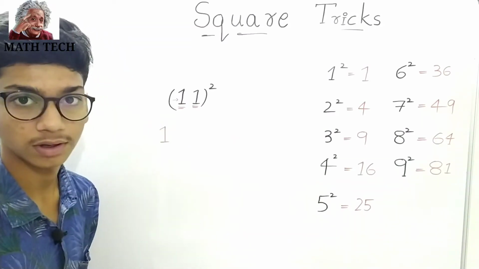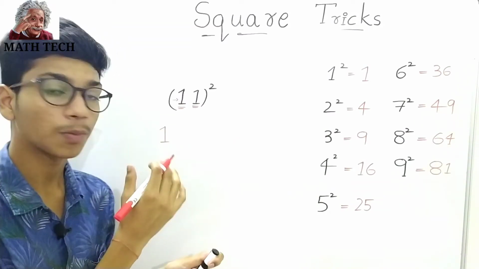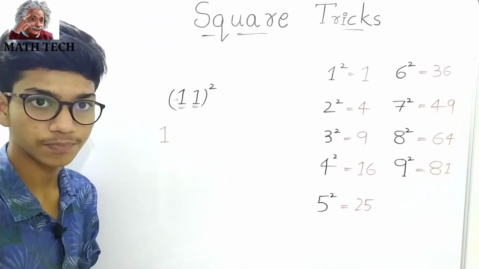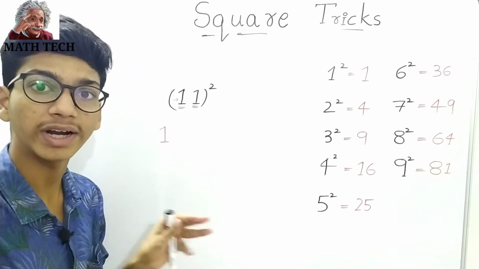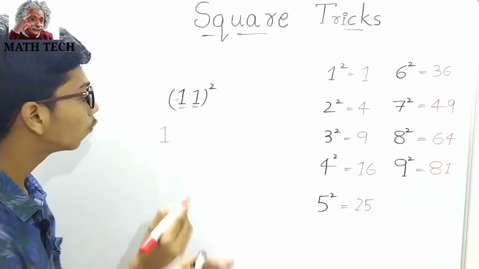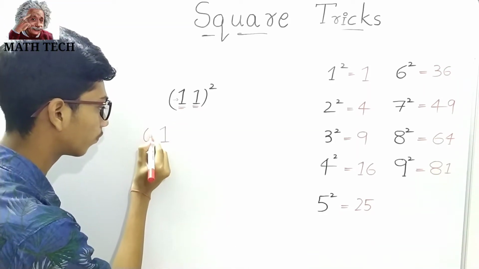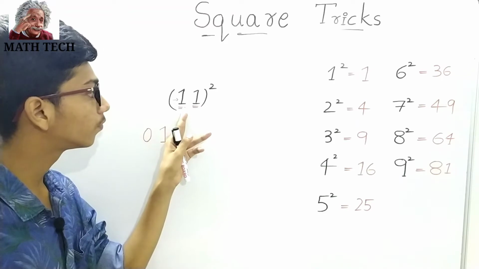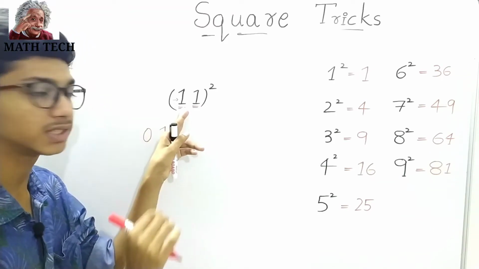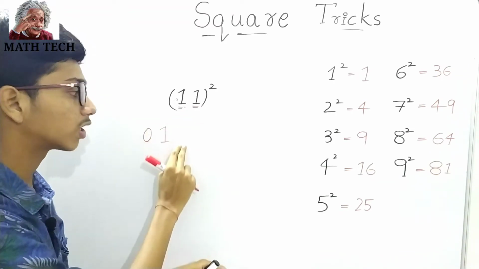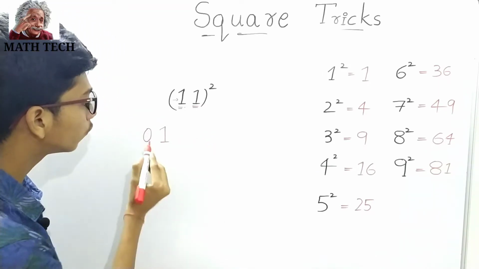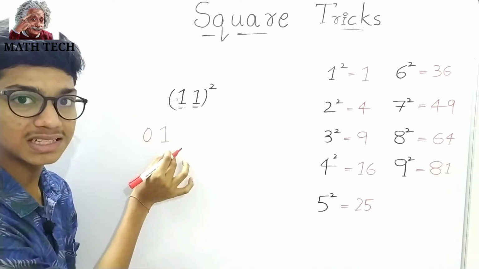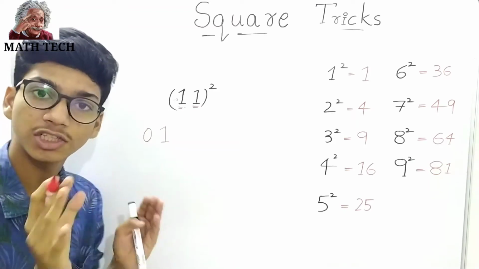But one of the rules is that we should not write a single digit, so we will write 01. If we have 4 square, which is 16, then we write 16 because it is a 2-digit number. But 1 is a single digit number, so we write 01.